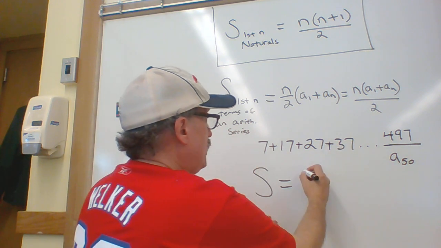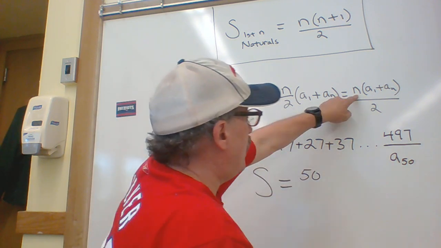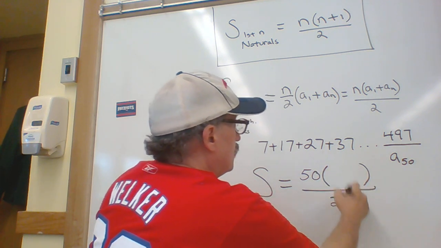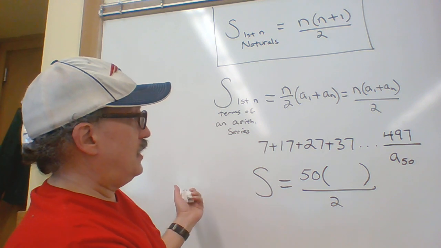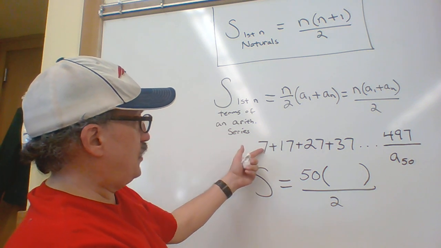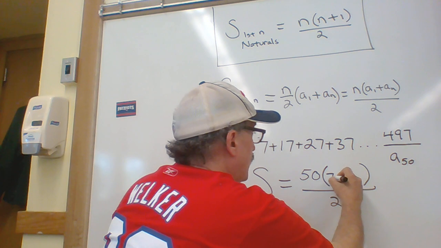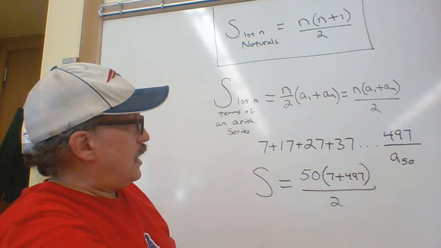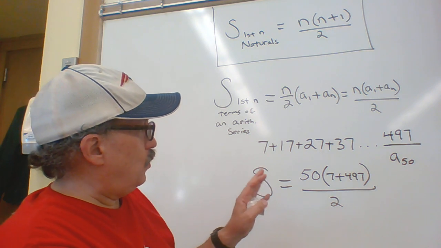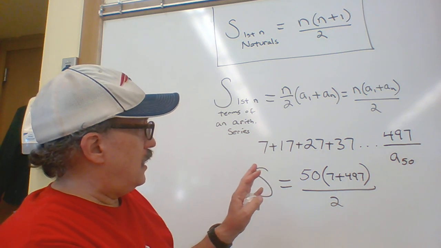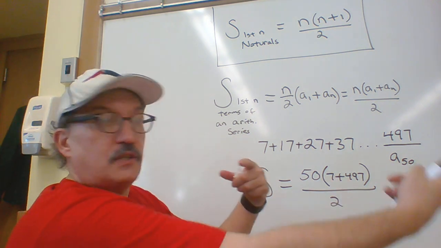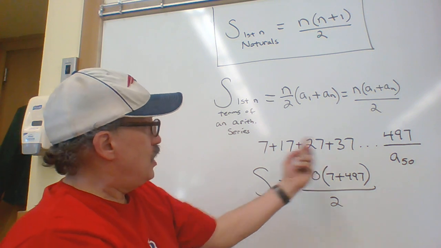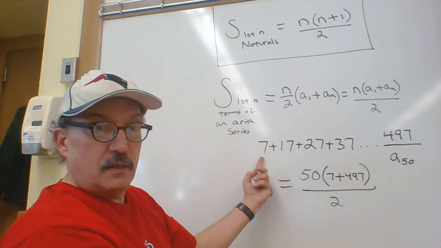So n is 50, right? This n is 50. And then in this parentheses, we have to put a sub 1 plus a sub n: 7 plus 497. Now again, I'm not going to write it out, but why is it 7 plus 497? Because if you take this sum and reverse the order and then match up, you're going to be adding a 7 to a 497.